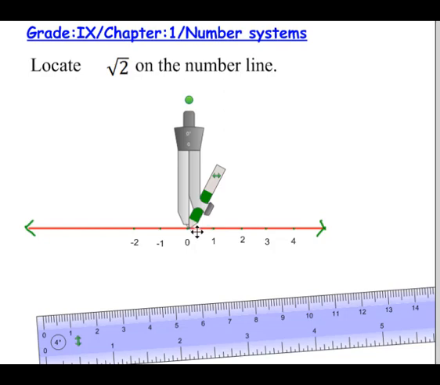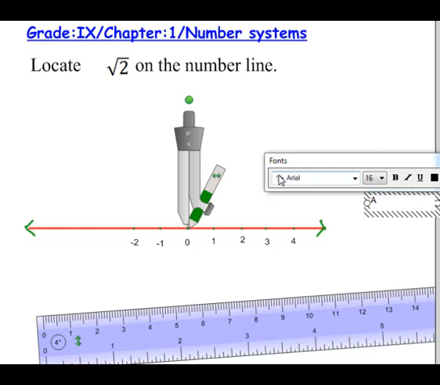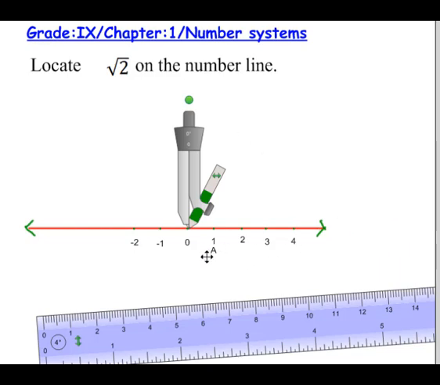So 0 is the initial point, which I will take as point A. And this 1 unit wherever I have marked, I will take as the point B. Now what is the length of AB? AB equals 1 unit.